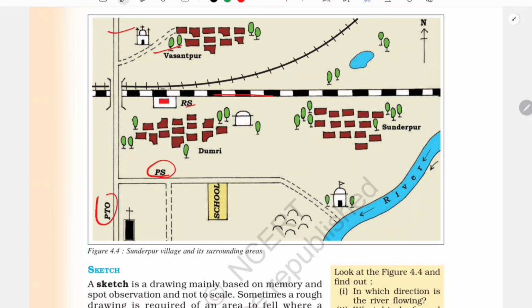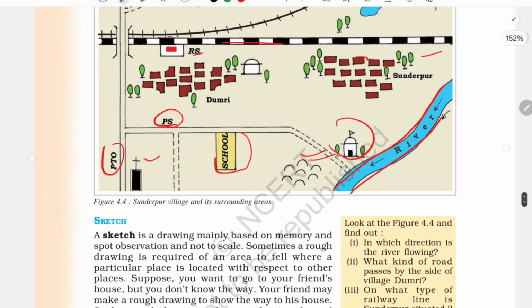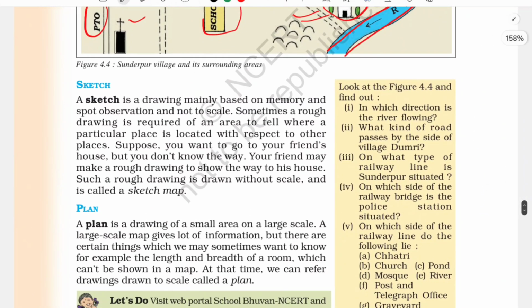So this symbol is helping us. The school, it is written school here. We can see a temple here, the blue line is the river, this is the graveyard, and this is the railway station. Here you can see the church, then this brown will be mountains, green will be trees. So in this way you can easily navigate or see any place through the use of symbols.